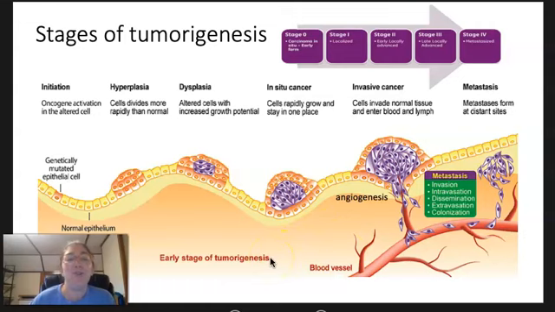So how do tumors form? Ultimately, they start with some kind of genetic mutation. It happens when there's a DNA error that doesn't get fixed in a cell, and it's not just any error, it's an error that leads to misregulation of the cell cycle.